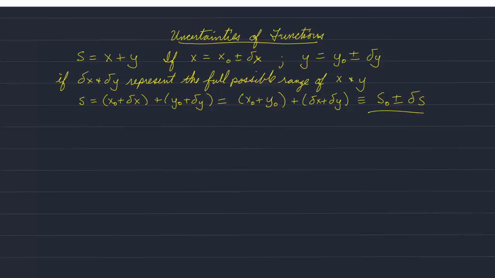But in practice, it's often better or more appropriate to describe delta x and delta y as the most likely variability about the measurements x naught and y naught. So in that case, it's better to describe delta x and delta y as the standard deviation of the measurement.